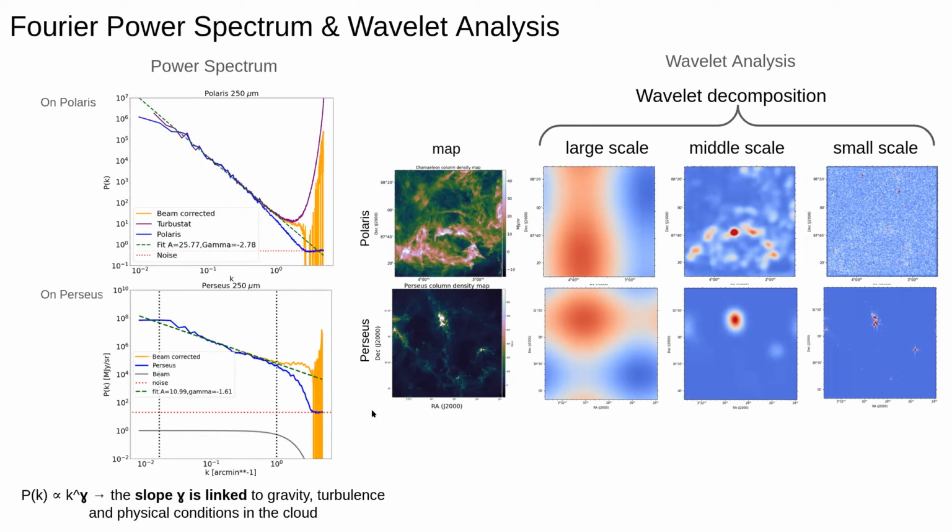Then we perform the wavelet decomposition of the maps, which can help us understand at fixed scale where the power is originating from: at large scale, middle scale, or small scale.